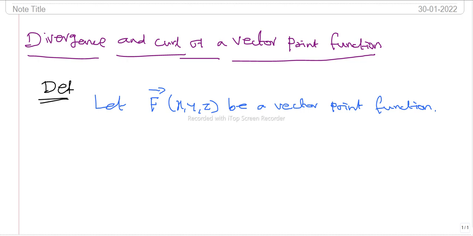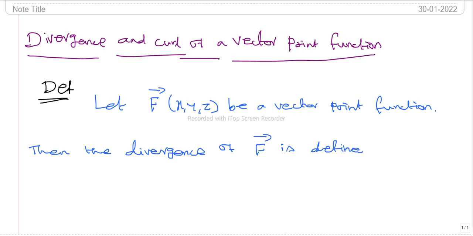Now the divergence of f. The divergence of this vector point function f is defined by del dot f, the dot product. Therefore it should be a scalar. Okay, del dot f should be a scalar.